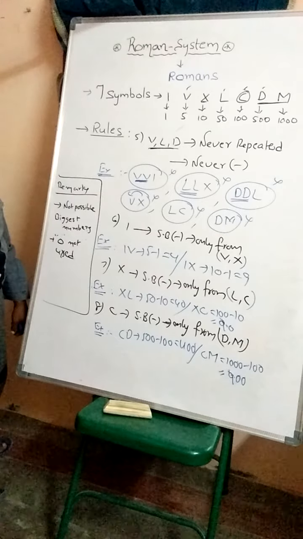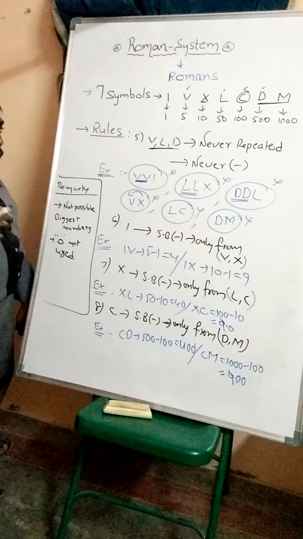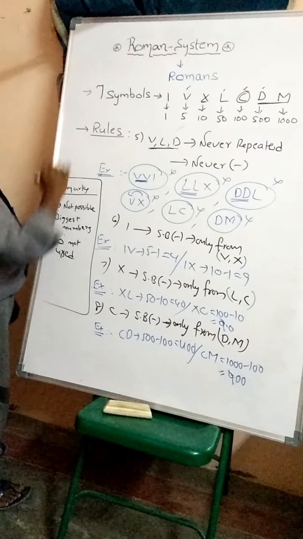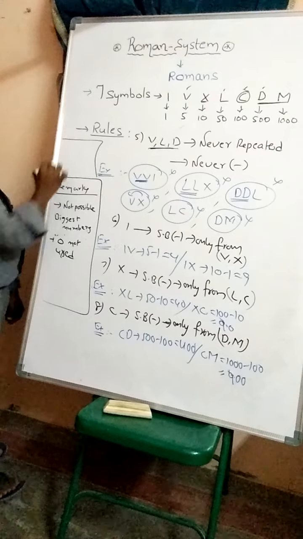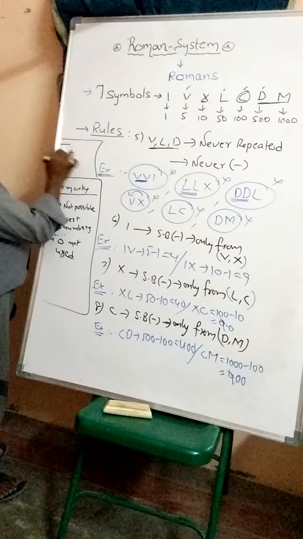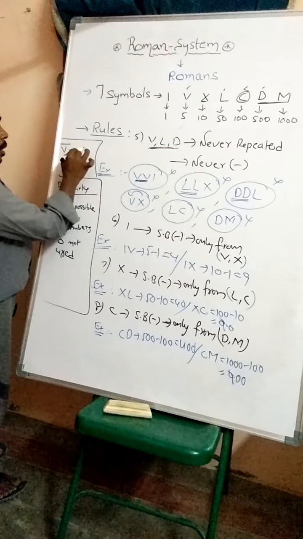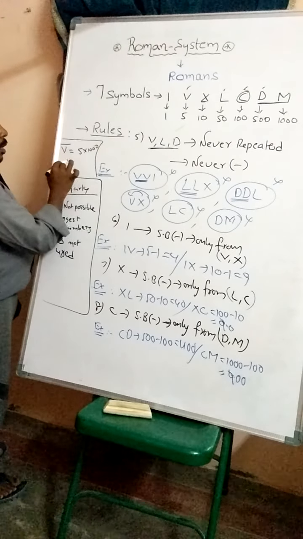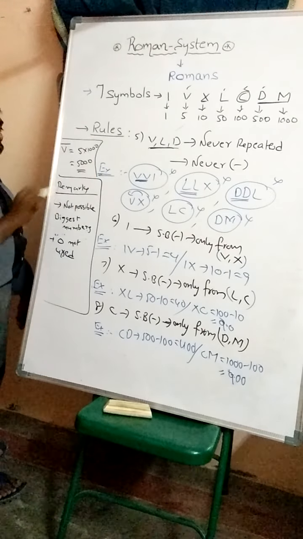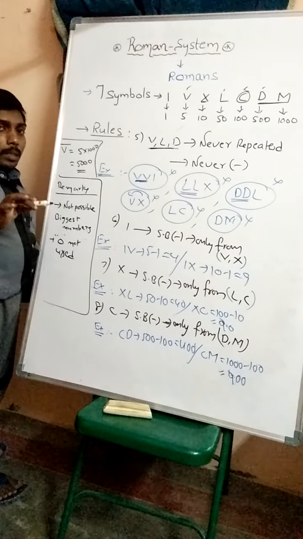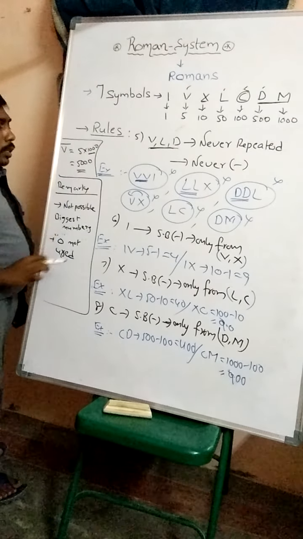These 2 points you should remember. And one more point is that somewhere they represent V with a bar above it. If you put a bar above the symbol, you multiply it by 1000. This means 5000.